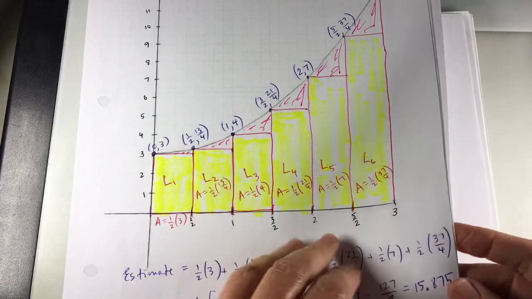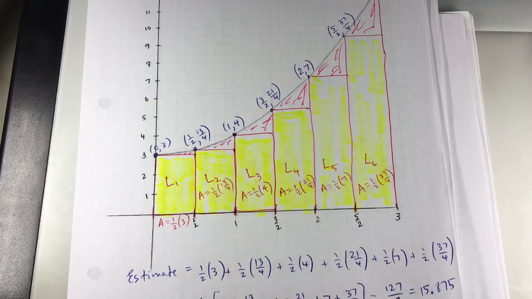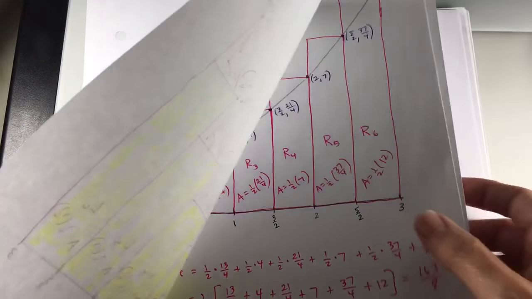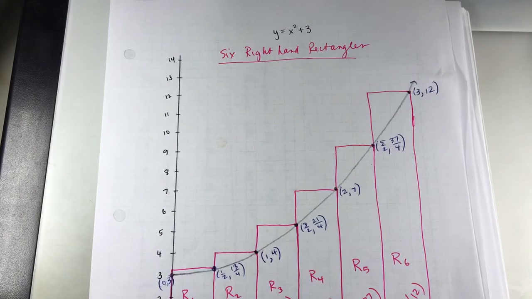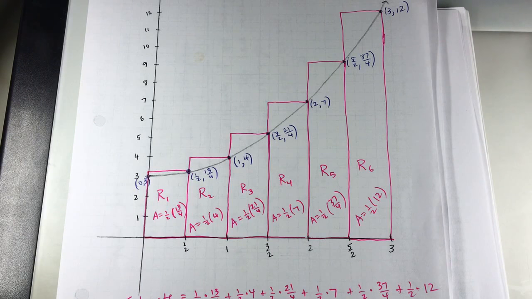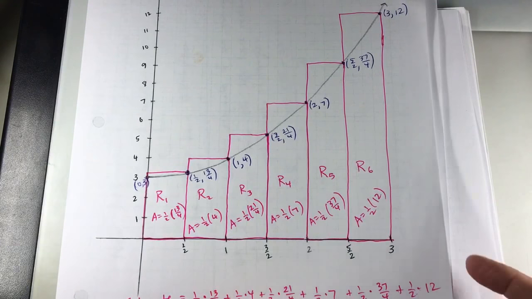And we also commented that this is an underestimate. It's not that left hand are always an underestimate, but on this problem it was. And then we did the right hand rectangles, 6 of them, and I had gotten 20.375. So the right hand rectangles were an overestimate.